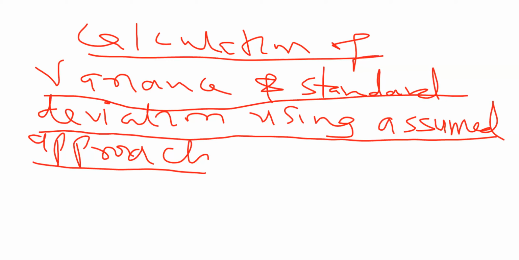Good. Calculation of variance and standard deviation using assumed mean. So that will help us to conclude what we started on this part. Without wasting much of our time, in calculating variance and standard deviation using assumed mean, we're given a set of numbers and we're expected to calculate mean.